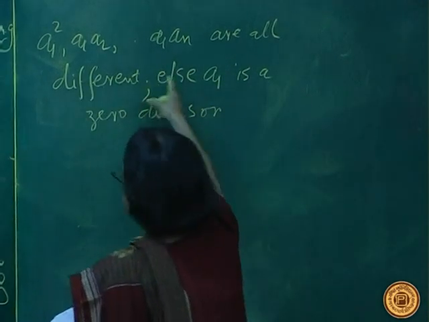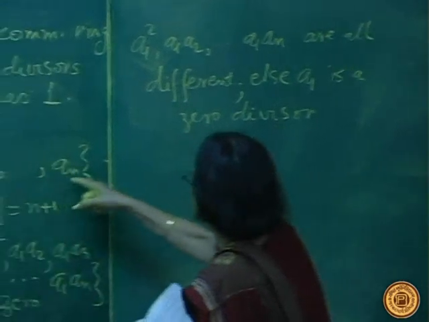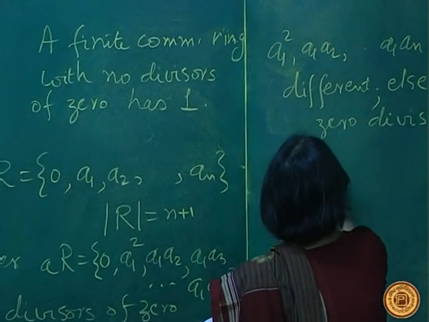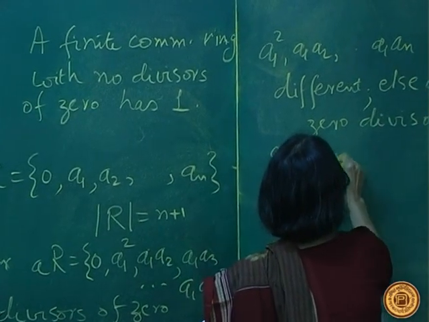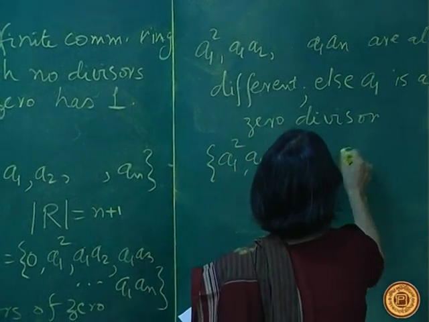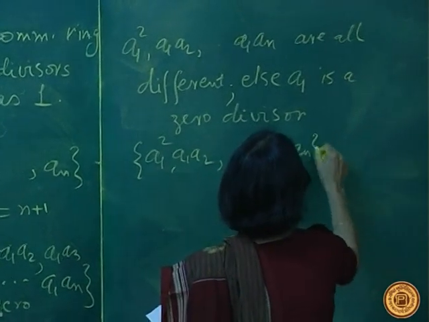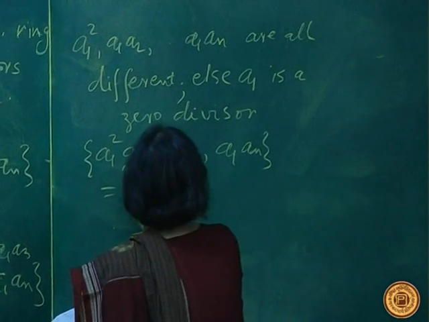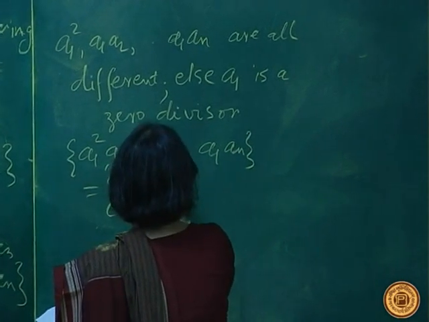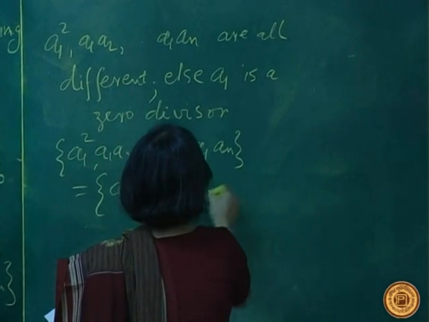And these are n in number, these are also different n elements. So, set theoretically A1 square, A1 A2, ..., A1 An is the same set as A1, A2, ..., An.